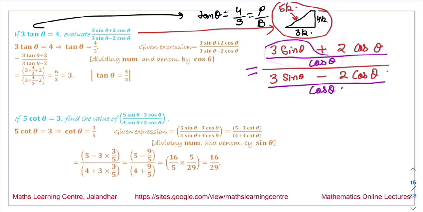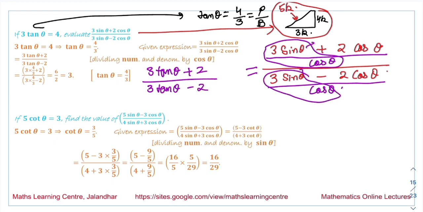When we separate this, we get 3 times tan theta plus 2 over 3 times tan theta minus 2. We are separating these terms. This will become 3 times sin theta over cos theta. When we separate these terms, cos theta and cos theta get cancelled and this whole term becomes 2.